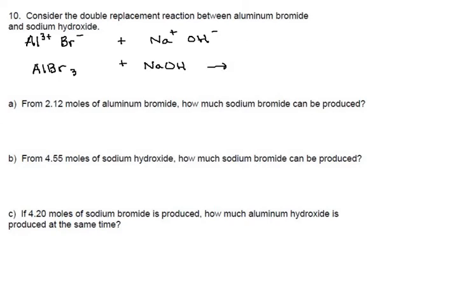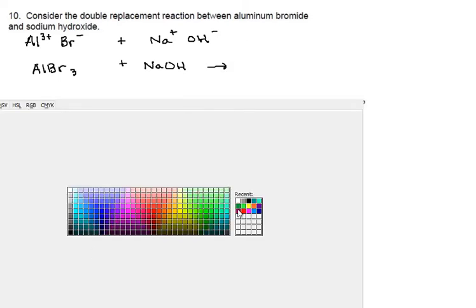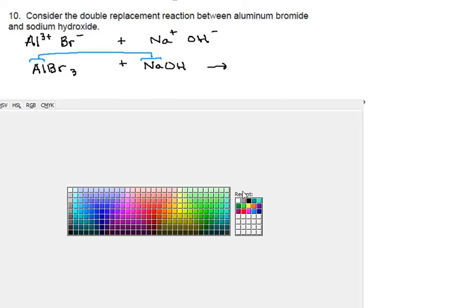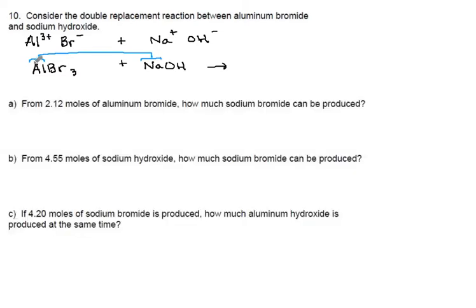And now, if there's a double replacement, the metals or the nonmetals have to switch. So, we'll say the aluminum will trade places with the sodium. And what do we get after that? The aluminum jumps over here to be with the OH, so we're going to have Al with OH, charges in a minute. And the sodium jumps back here, so we're going to have Na with Br.